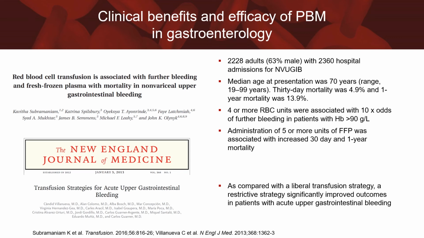The administration of 5 or more units of fresh frozen plasma was associated with increased mortality at 30 days and 1 year. The conclusion from these studies is that restrictive transfusion strategies probably are beneficial in comparison with more liberal strategies, especially at higher hemoglobin levels.